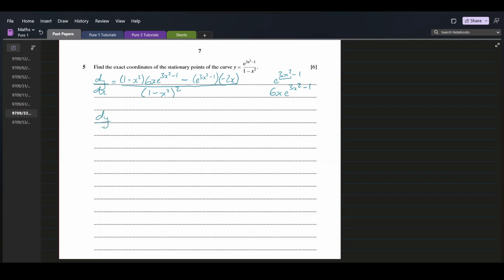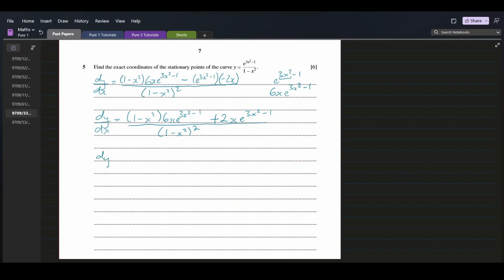So dy/dx is equal to 1 minus x squared times 6x e to the power 3x squared minus 1, minus, or that becomes plus 2x e to the power 3x squared minus 1. And this is all over 1 minus x squared, squared.